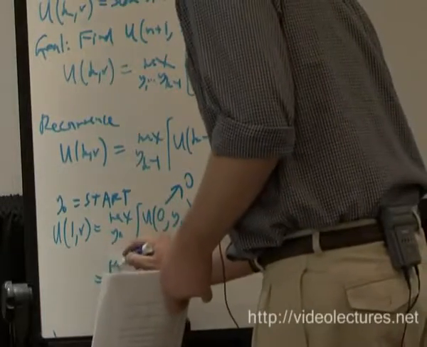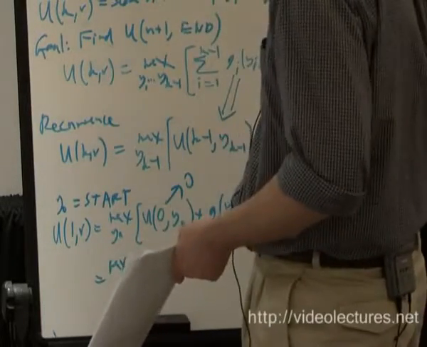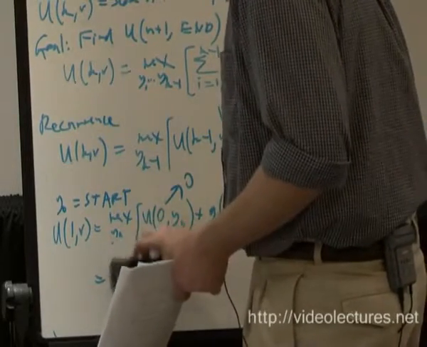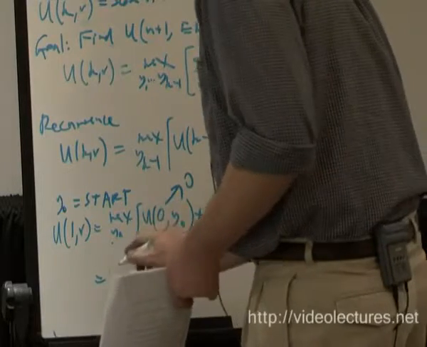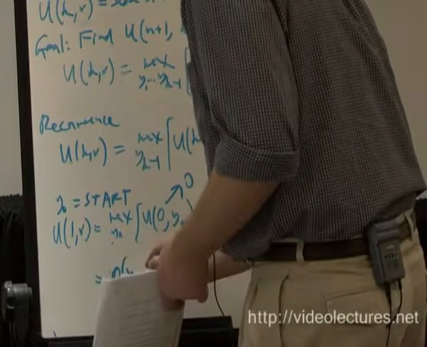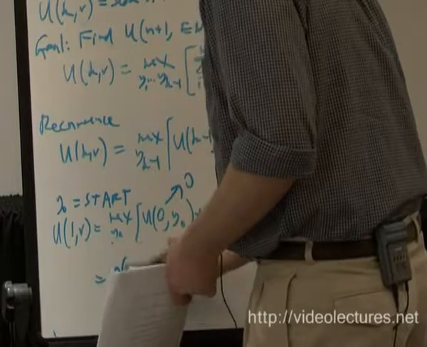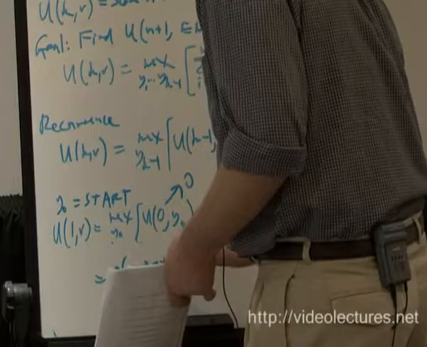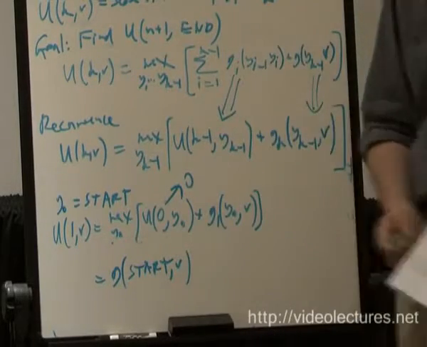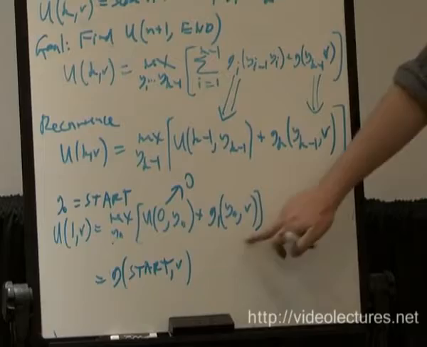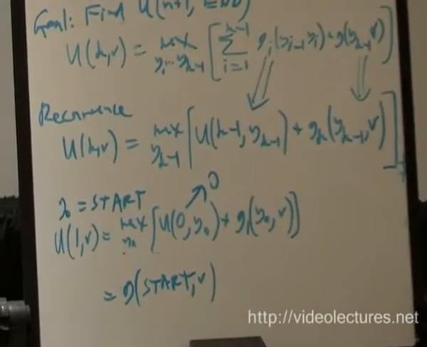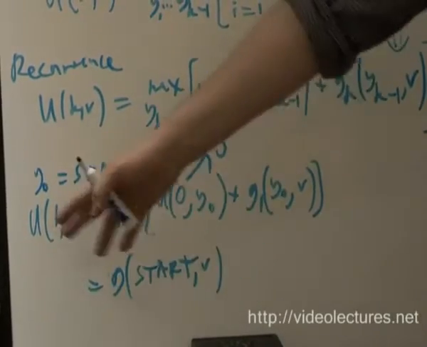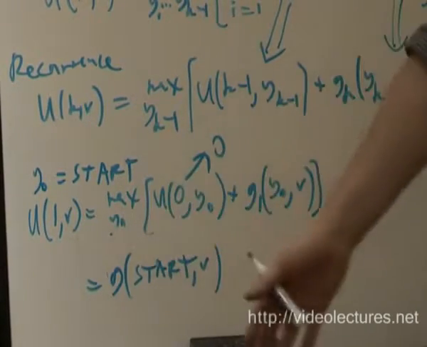So it's just G of start and V. So there's no actual maximization to do for U1, because remember there's a different U1 value for each different V value, and there are M different V values.